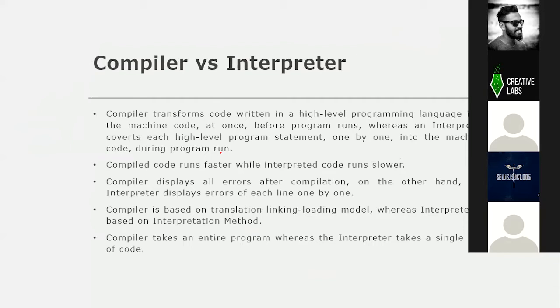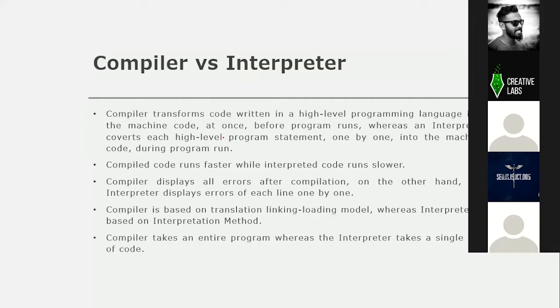These two are different things, and the compiler and interpreter each have their own process. A compiler transforms our written code. For example, if you write some Java code, it converts that code into machine code at once, before running the program. Let's say we wrote a calculator program, a simple program to add 2 numbers.